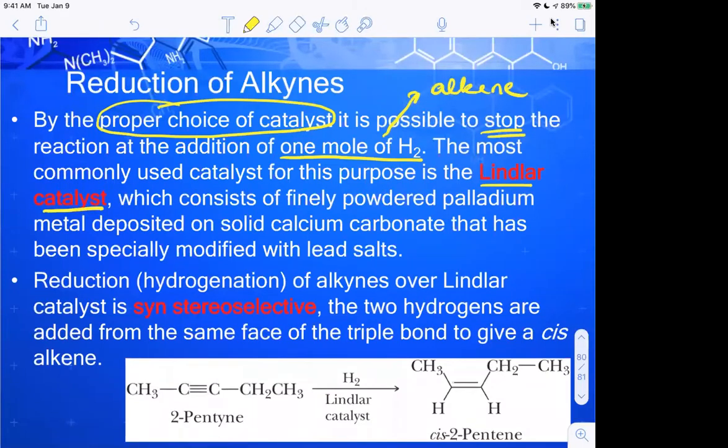I'm not going to give you the formula or the structures. Just know Lindlar. When I want to use that reagent in the synthesis, I just put Lindlar catalyst. This is called a poisoned catalyst. What that means is it's less reactive, so it allows me to stop at that double bond.